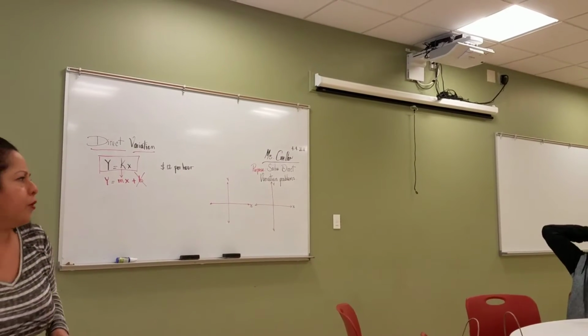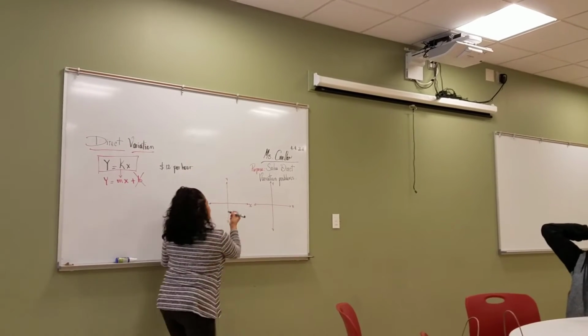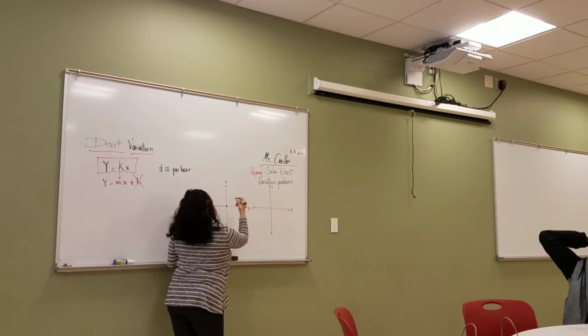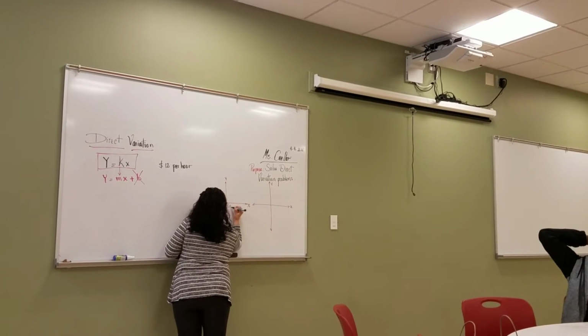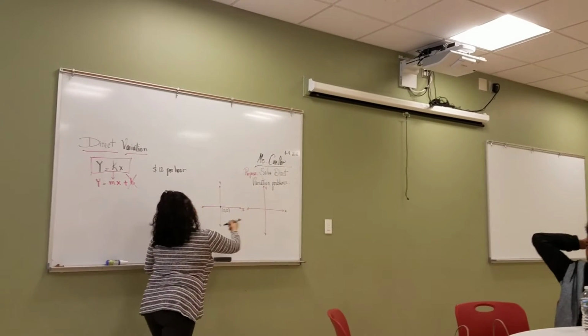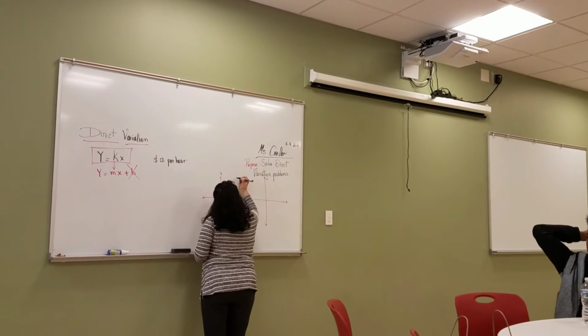Do you remember what the origin is? The middle? Yes. This is the origin, and the pair is given by x value 0 and y value 0. So, a direct variation equation will always pass through the origin.